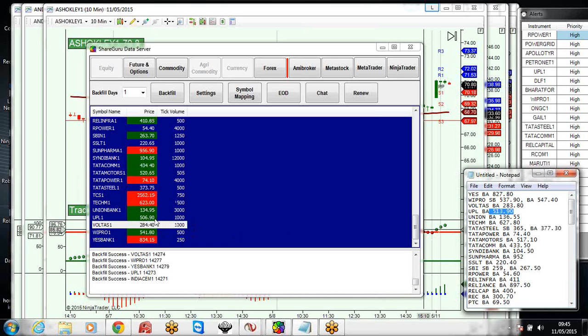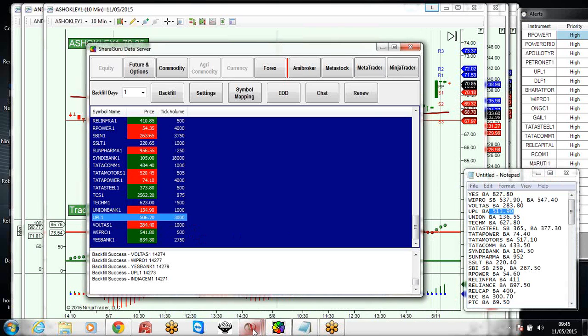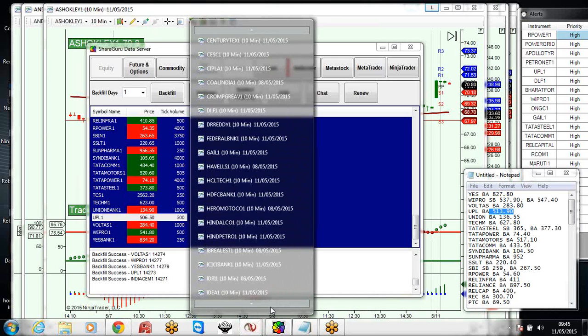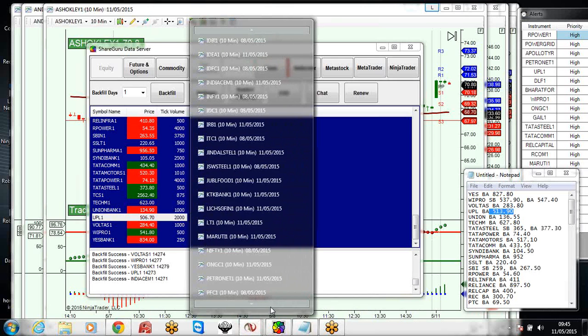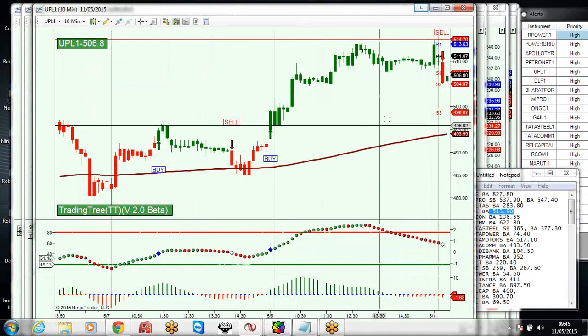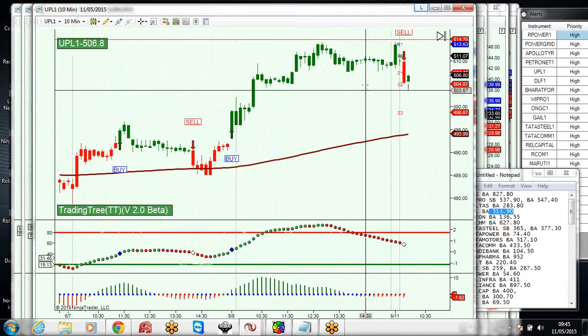UPL 513 was a buy. We had a buy call. Let's go to this. So we have a sell here in UPL.